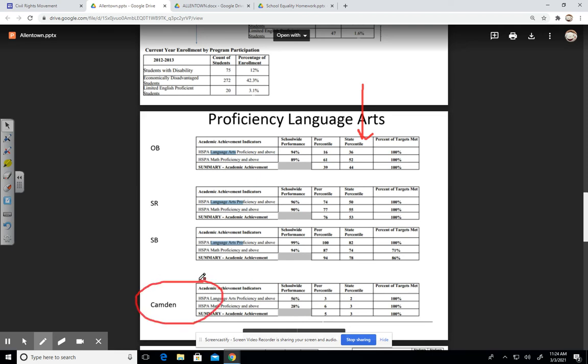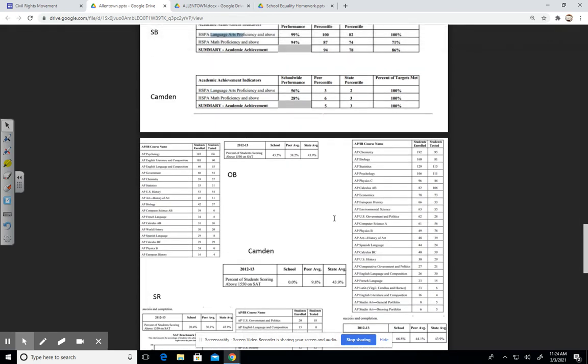I also threw in Camden, and here we can see their language arts proficiency. They're here at 56%. Here it looks like 99%, 96%. And then we see some inequity with regard to performance.